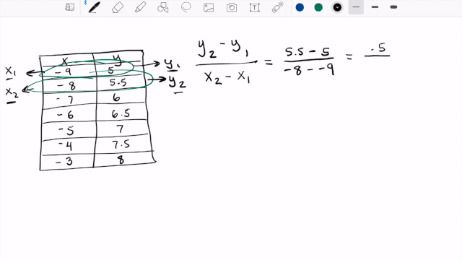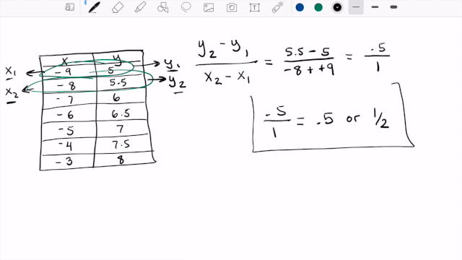Well, when I have 2 negatives together, again, we can change them, and that gives me positive. So negative 8 plus 9 gives me a positive 1. So 0.5 divided by 1 gives me 0.5. Or, if we wanted it as a fraction, 1/2. And that is my slope for this table.